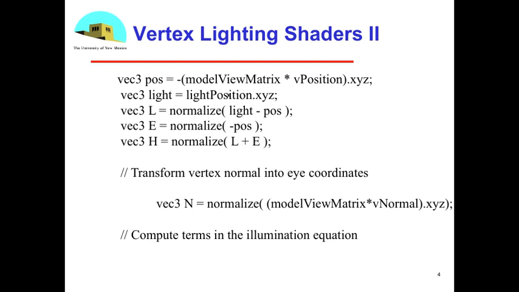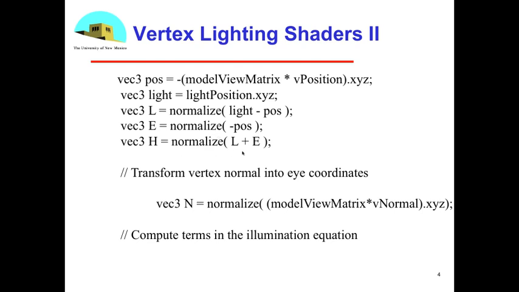So the first part of the code is converting the position of the light and the position of the viewer, or the vertex, into eye coordinates. Now remember, in eye coordinates, the origin is where the camera is located. So that's what accounts for the sign change. And what I'm going to do now is compute, in the eye coordinate space, where the light vector is pointing, where the viewer is, and where the vertex is, which has now been changed because I've moved the origin to where the camera is.